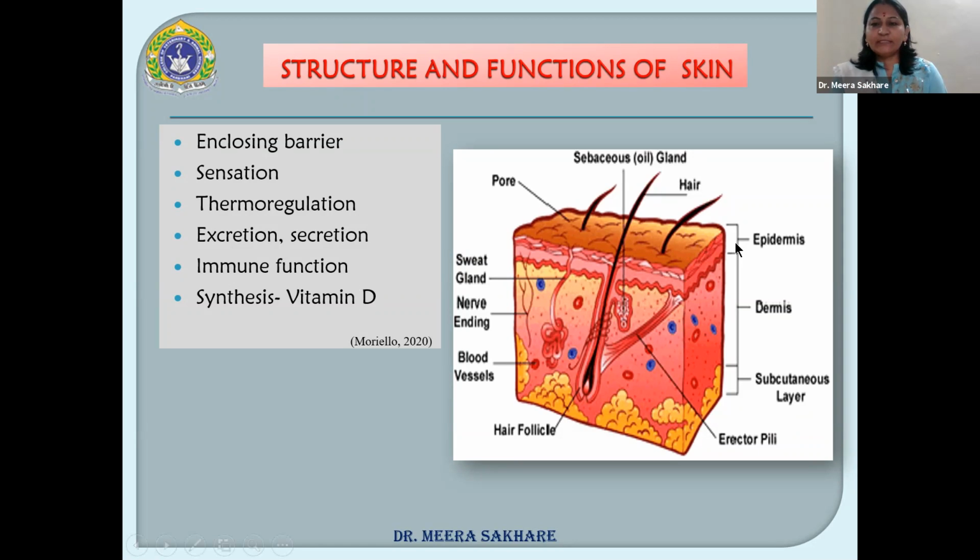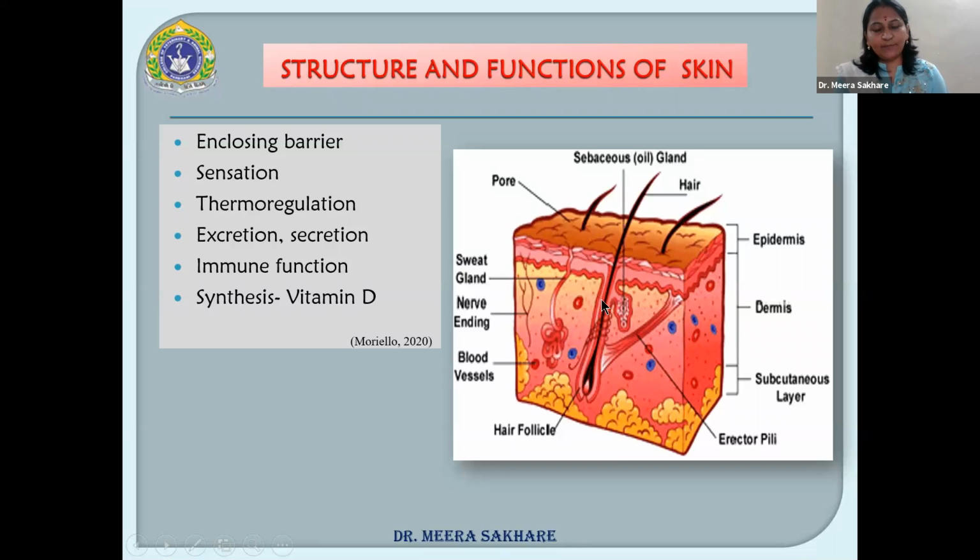In this picture, you can see the anatomical structure of the skin. It has three major layers. The uppermost layer is the epidermis, which again has four sublayers, like stratum spinosum, basal layer, and so on. The middle layer is the dermis, which has the major structures: nerve endings, blood vessels, sweat glands, and hair follicles.